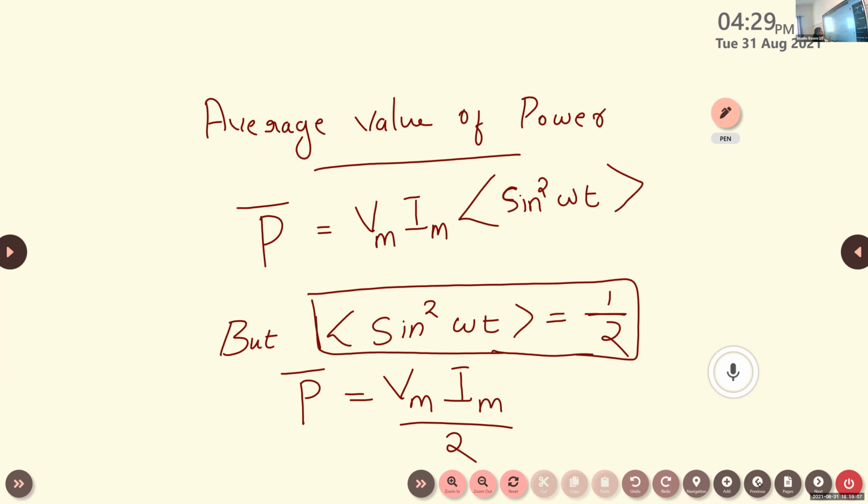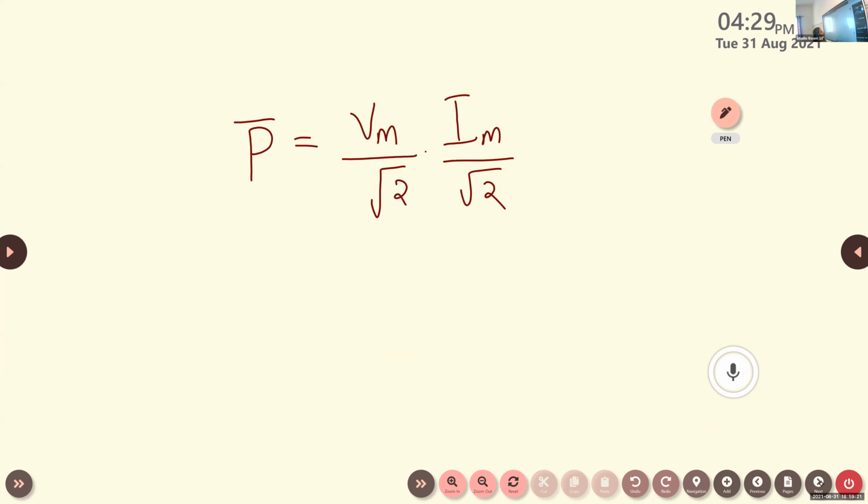Here we get P bar is equal to Vm Im by 2. And what is root 2 into root 2? Root 2 into root 2 is equal to 2. So we split the term into 2. So P bar is equal to Vm by root 2 into Im by root 2.